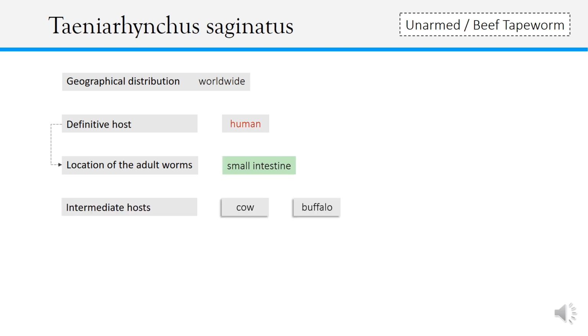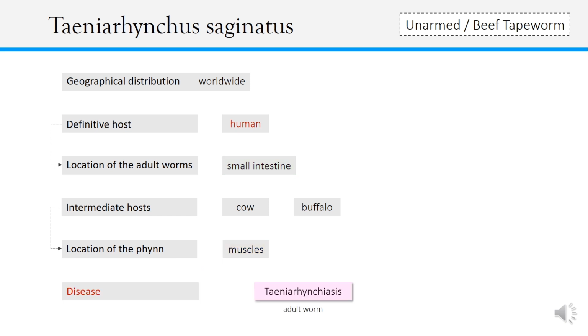Intermediate hosts: cows, buffalo, and the location of the fin inside of the intermediate hosts is muscles. Inside of the intermediate hosts, fins are located in the muscles, while inside of the definitive host, the adult worm will be located inside of the small intestine. The morphological type of the fin of this parasite is again called Cysticercus.